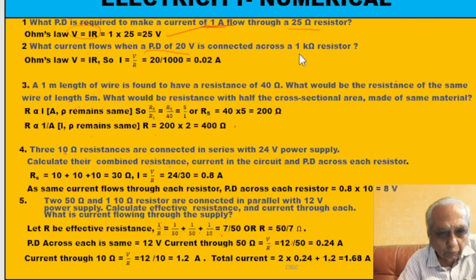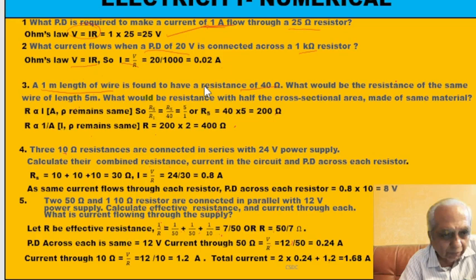Next, the third sum. A 1 meter length of wire has a resistance of 40 ohm. What would be the resistance of the same wire of length 5 meter? When it says same wire, it means the area of cross section is the same and the material is the same. Only the length is made 5 times.